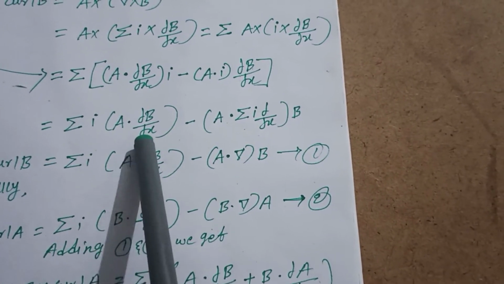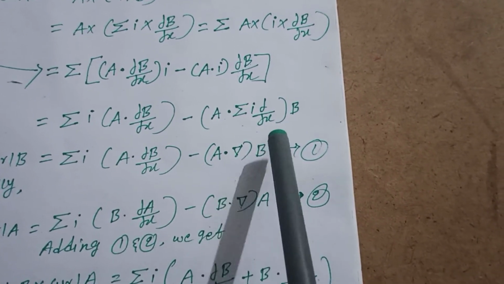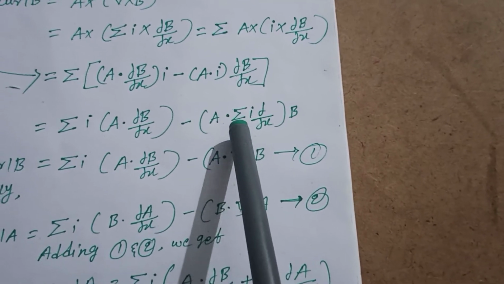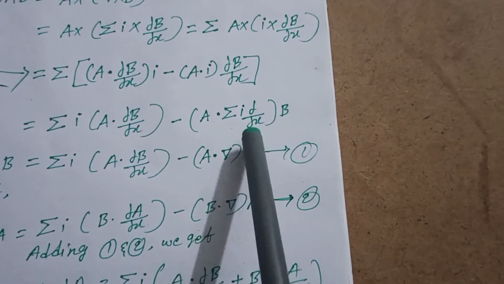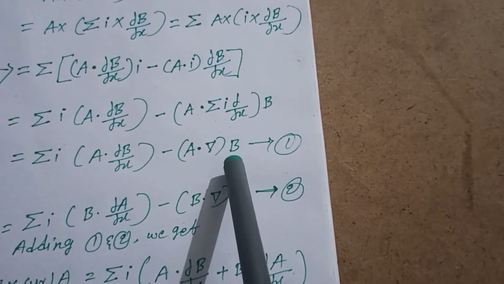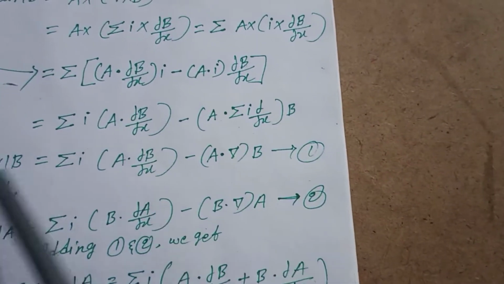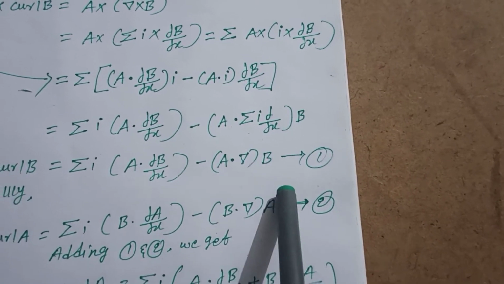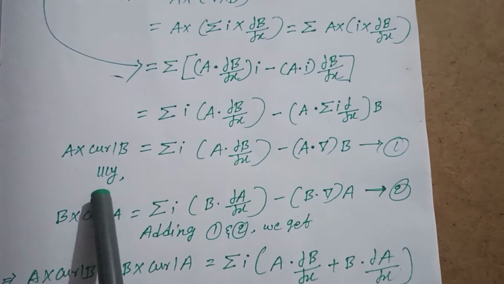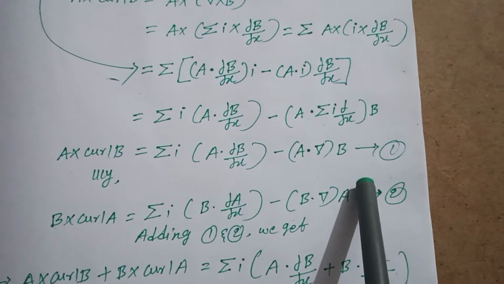See here, this term is written same as it is, minus A dot, here summation i dou by dou x means del, so I am writing del of B. So this is the A cross curl B we get here.